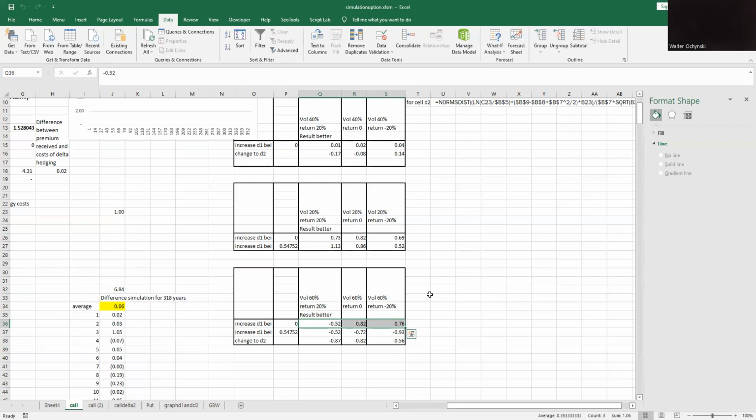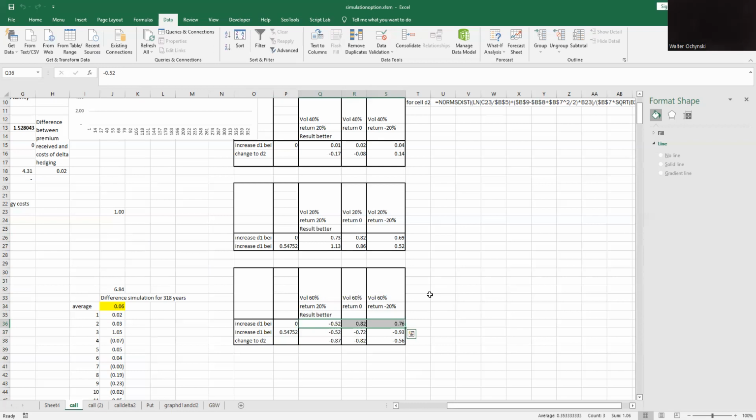So having D1 as the delta hedging seems to be in the majority of cases the best decision.